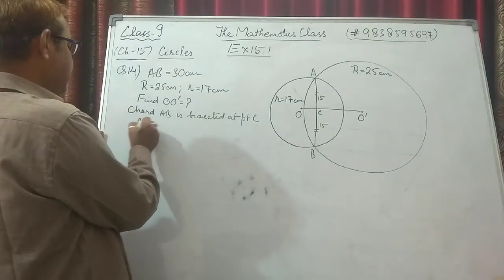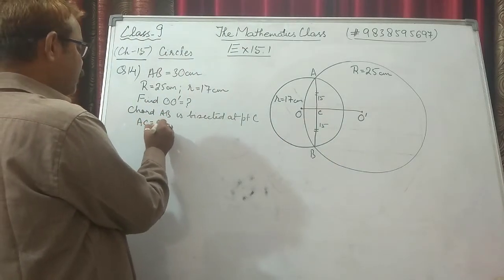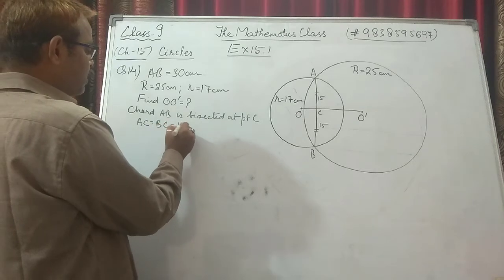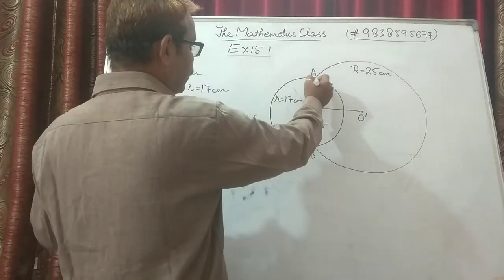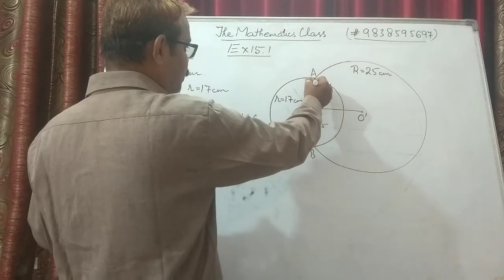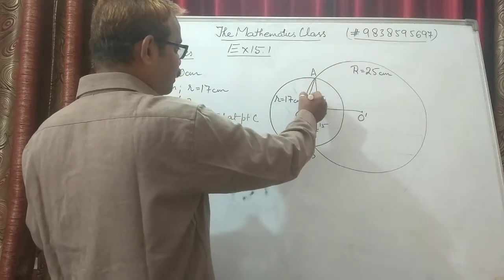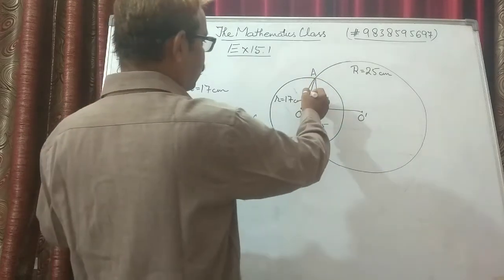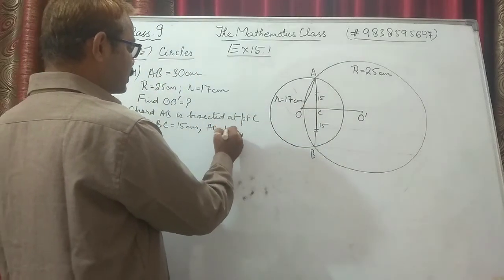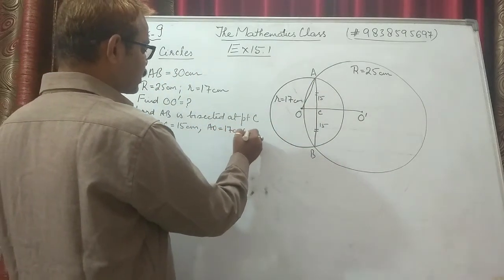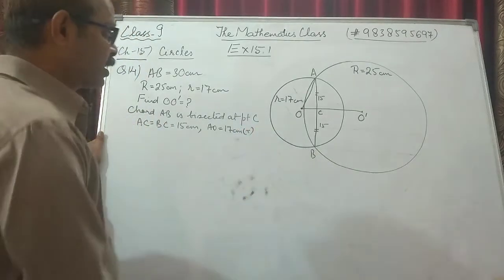It means AC is equal to BC is equal to 15 centimeters. Now what do we do? We join AO. When we join AO, AO is the radius. AO is how much? 17 centimeters, because it is the radius of the smaller circle.